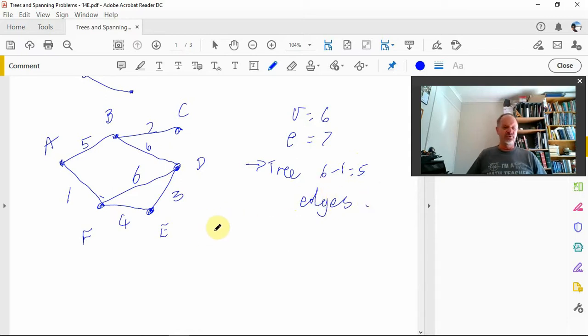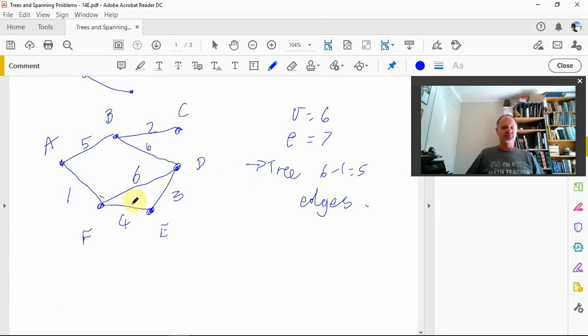So we've got to remove 2 of those, and it doesn't matter which 2 you remove, provided you remove 2. So there's a whole bunch of different possibilities.